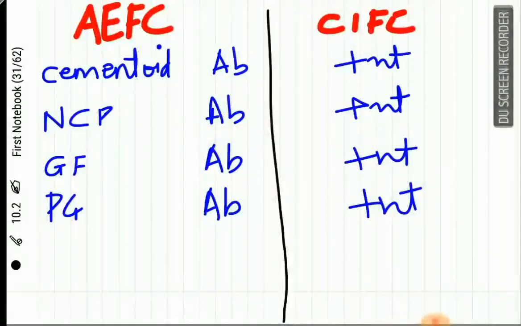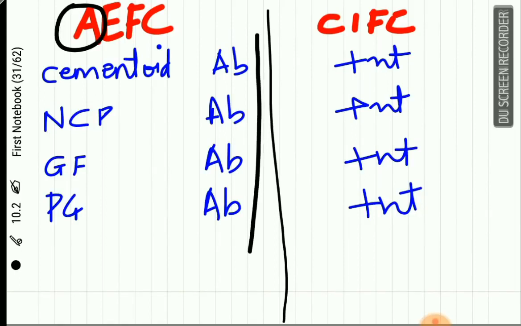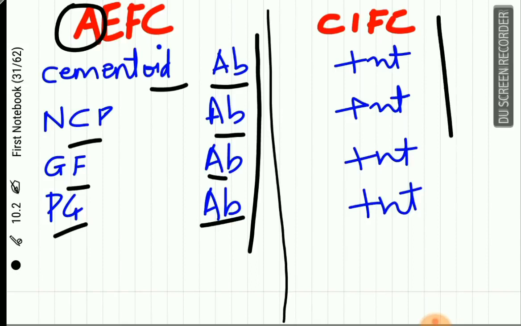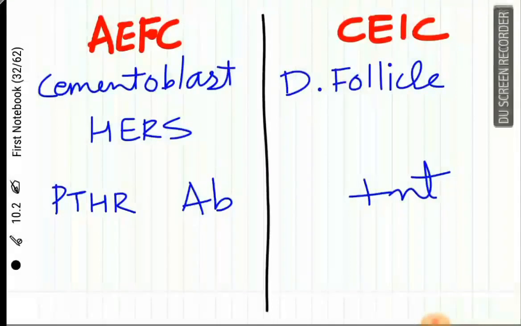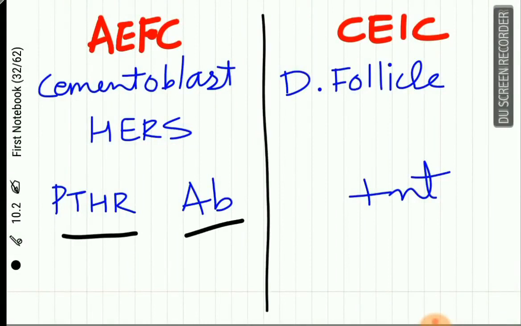Now, let's compare the ground substance of AEFC and CIFC. Easy to remember: most of the things are absent in AEFC. Cementoid, or the unmineralized cementum, is absent. Non-collagenous proteins absent. Growth factors absent. Proteoglycans absent. All of these are present in CIFC. Also absent is the parathormone receptor on the cementoblast, while it is present in CIFC.